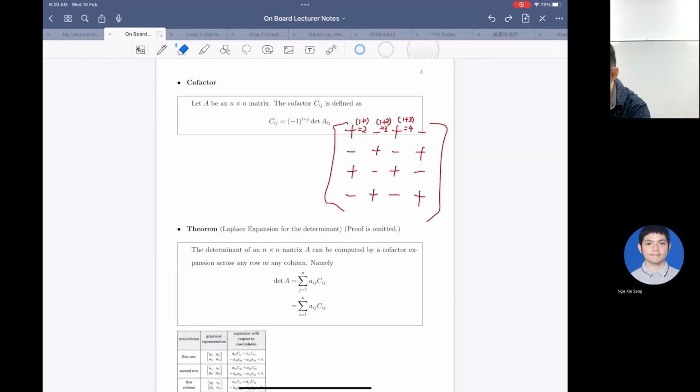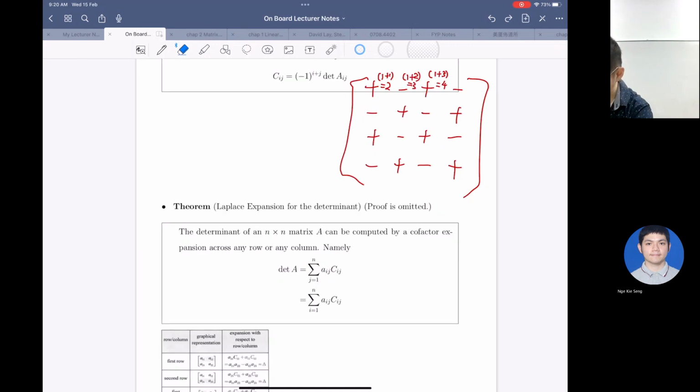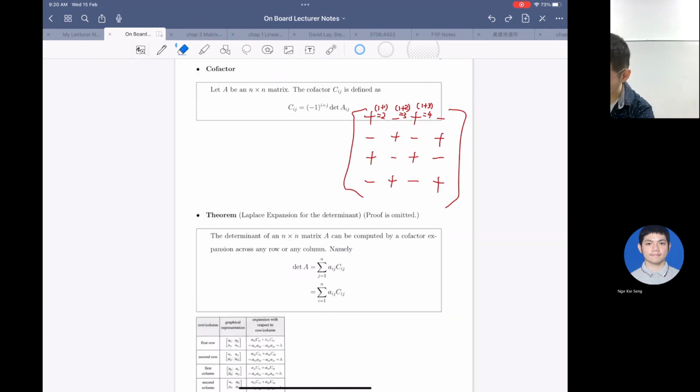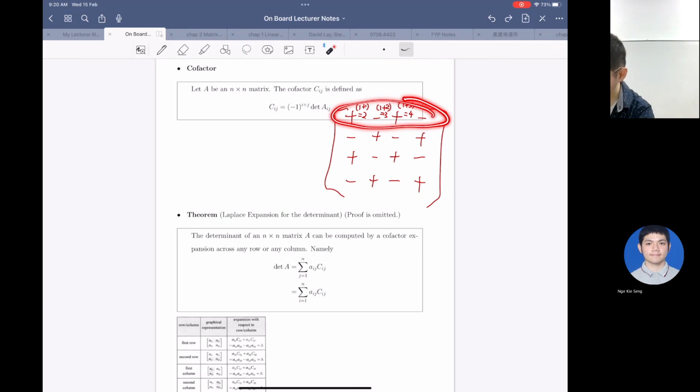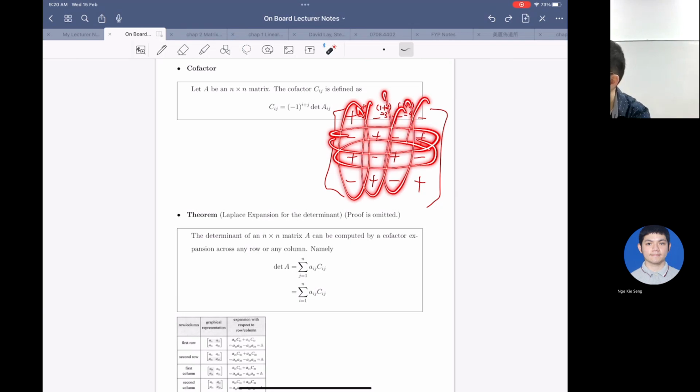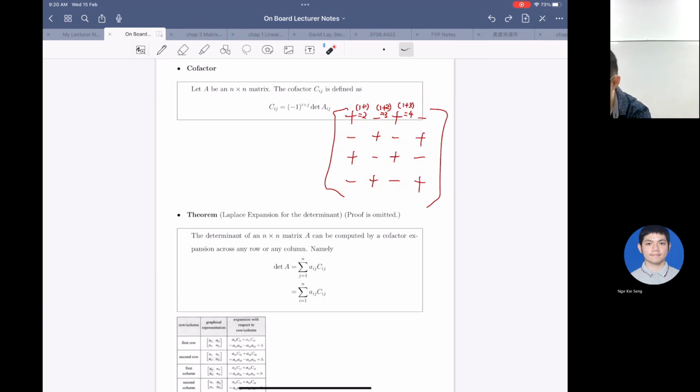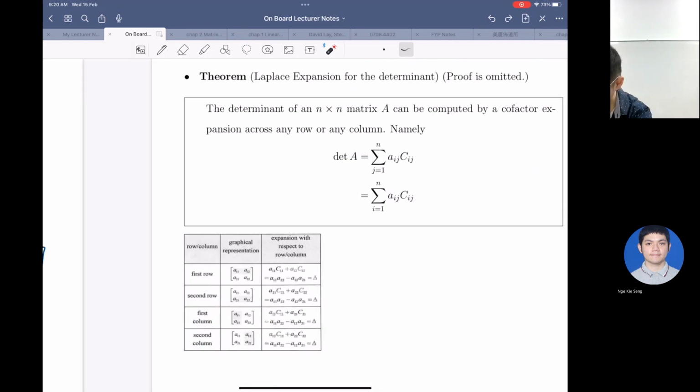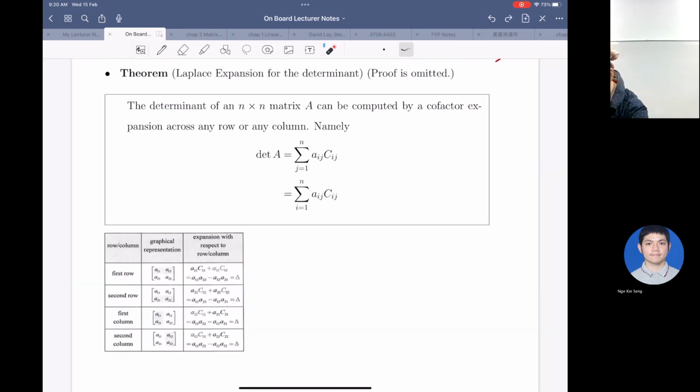The next part says that you not only can expand the first row to compute the determinant. In fact, you can do it on any row or any column.